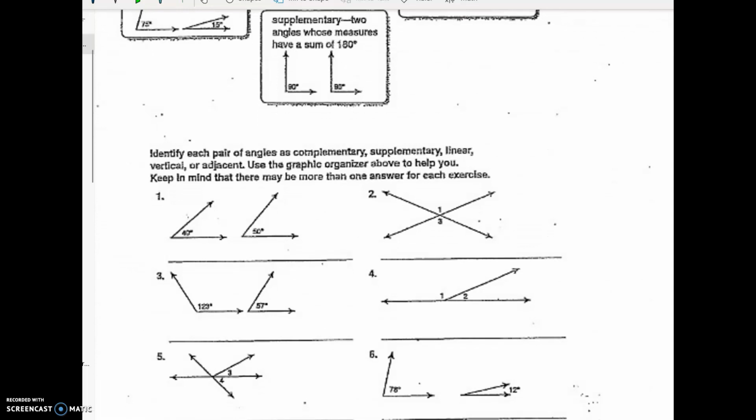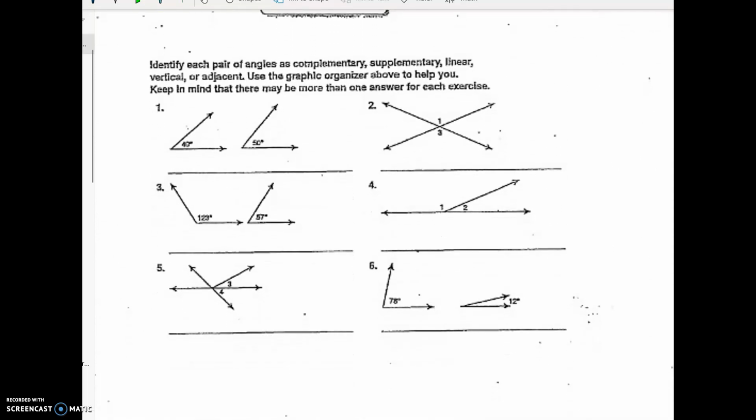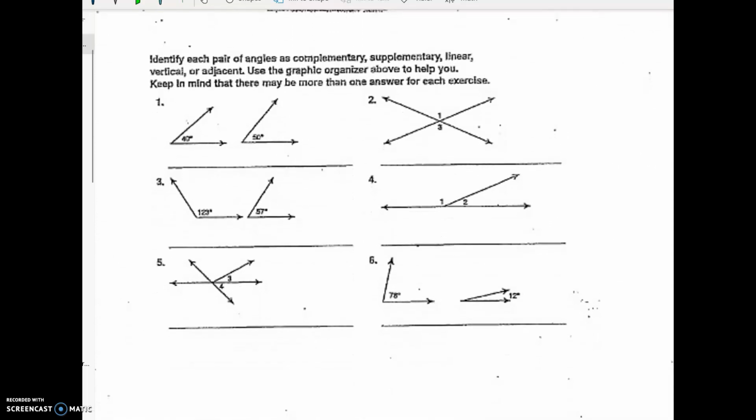Now, next we just have some practice problems: identifying each pair of angles, whether they're complementary, supplementary, linear, vertical, or adjacent. We can also use the graphic organizer if you need a little help. Keep in mind that some may have more than one answer, okay?